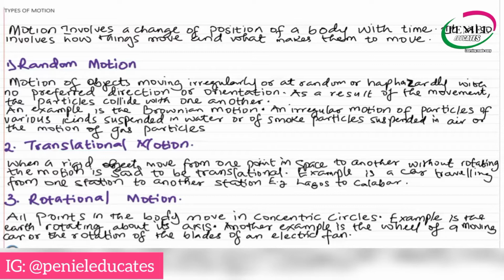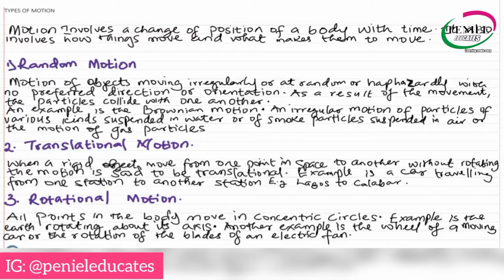One example is Brownian motion, the irregular motion of particles of various kinds suspended in water. It could be smoke particles suspended in the air, or the motion of gas particles. All these particles move here and there.